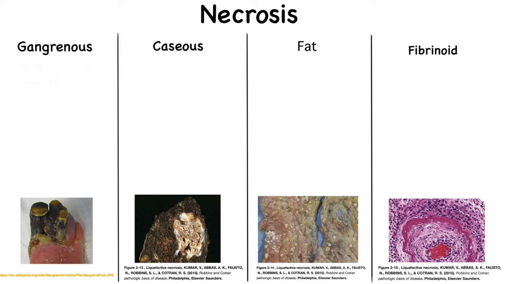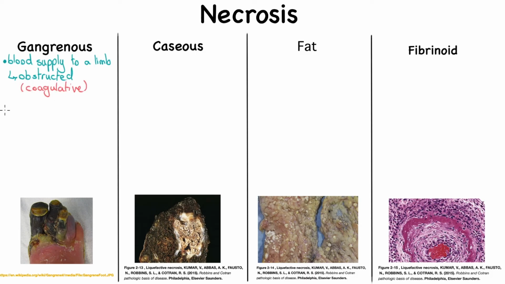Okay, so starting with gangrenous necrosis. This one is not exactly a specific death pattern, but usually this term, gangrenous necrosis, is used when a limb loses its blood supply and therefore undergoes coagulative necrosis.